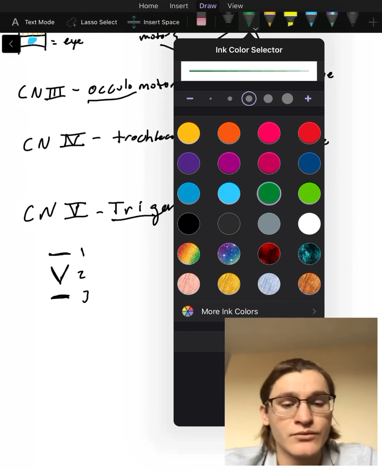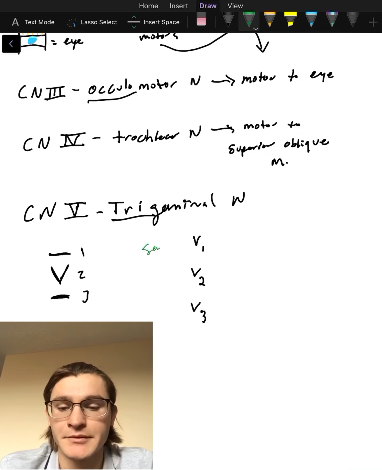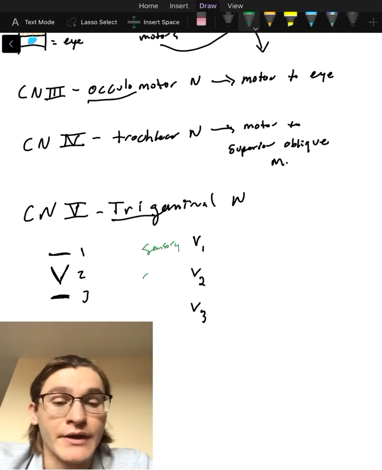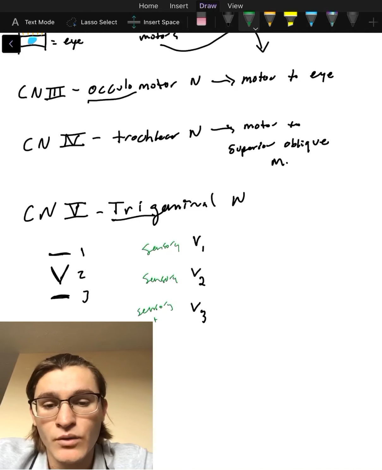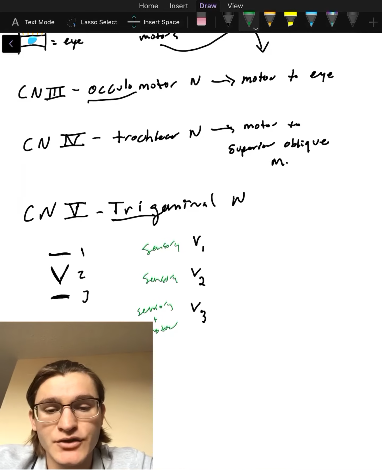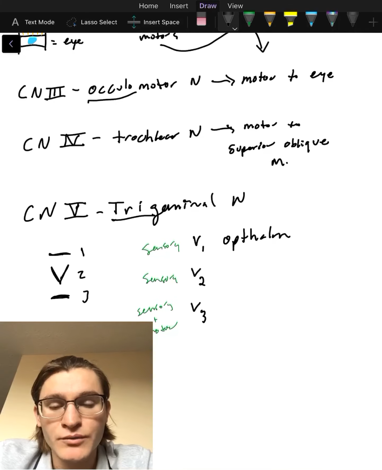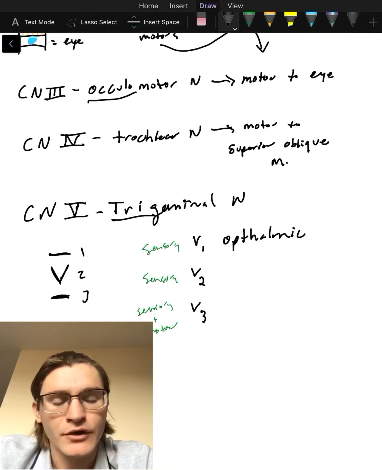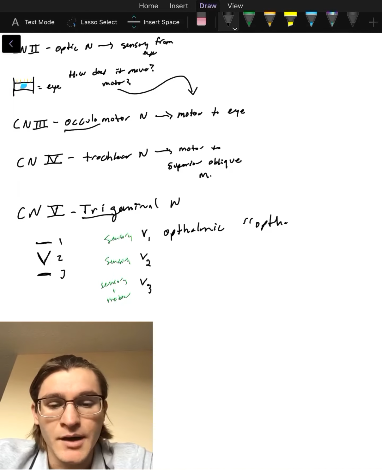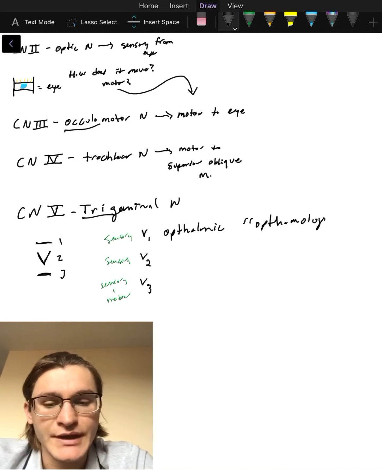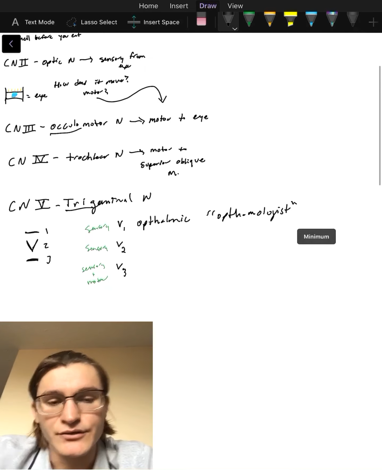Trunk 1 will be called, hold on, move my face. Okay, yeah, and that's an important note too. The trunk 1 and 2 will be sensory, and then trunk 3 will be sensory and motor. So trunk 1 will be ophthalmic nerve, or ophthalmic trunk, and the way I like to think of it is it's ophthalmologist, so it's going to have something to do with the eye, and we're going to have to get through that later.